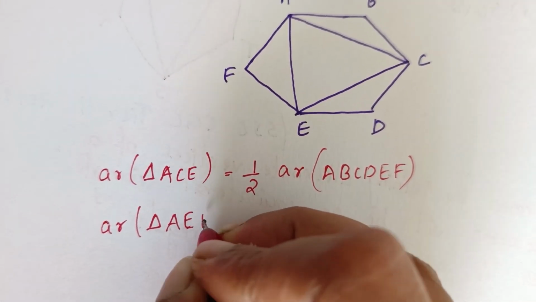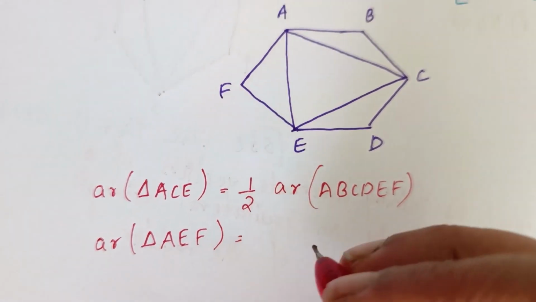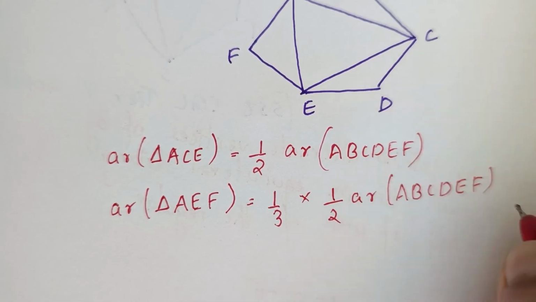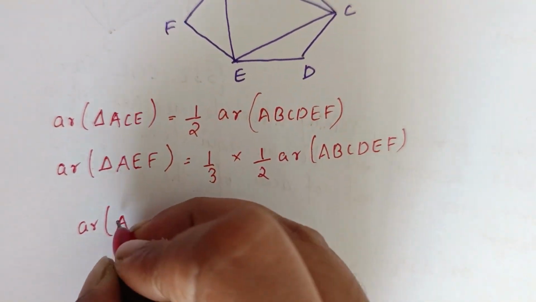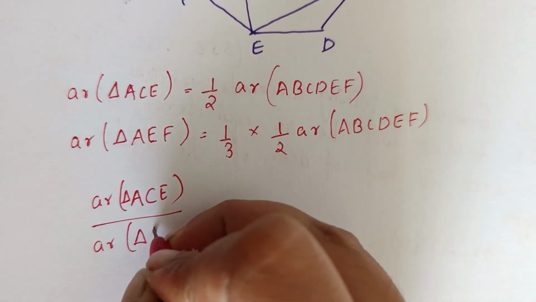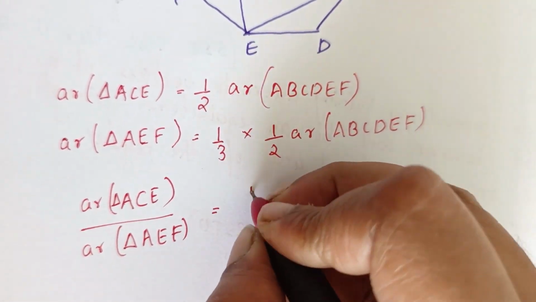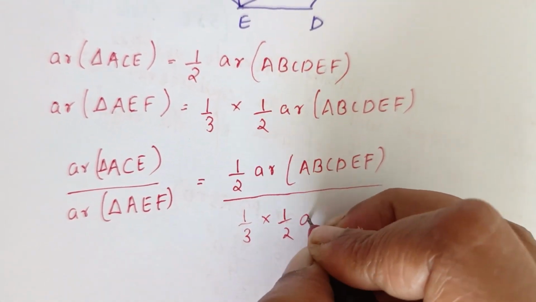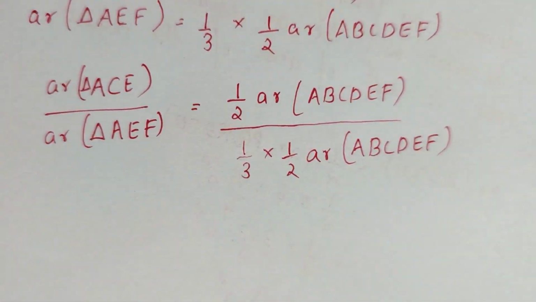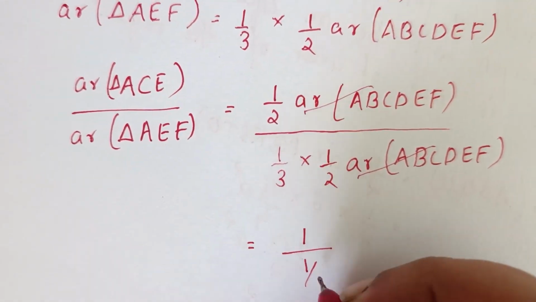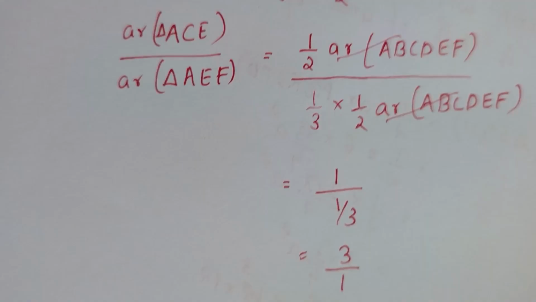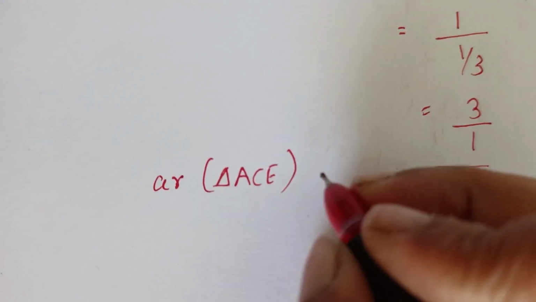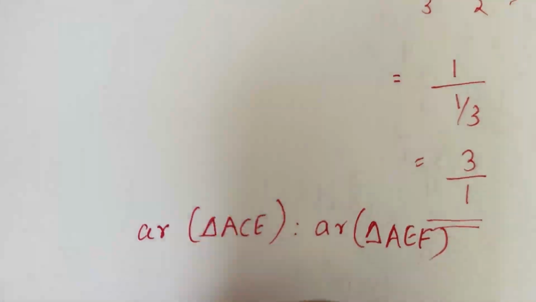So area of triangle AEF is equal to 1/3 into half the area of ABCDEF. So area of triangle ACE by area of triangle AEF is equal to half the area of ABCDEF divided by 1/3 of half the area of ABCDEF, which is equal to 1 divided by 1/3, which is equal to 3/1. Therefore, the ratio of area of triangle ACE to area of triangle AEF is 3:1. So the correct option is option C.